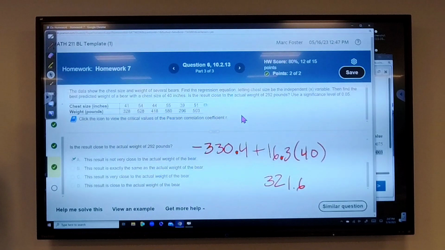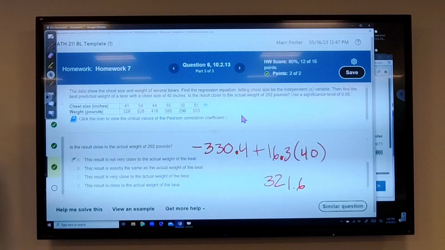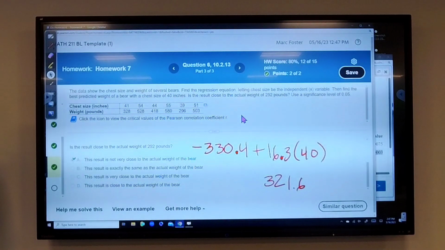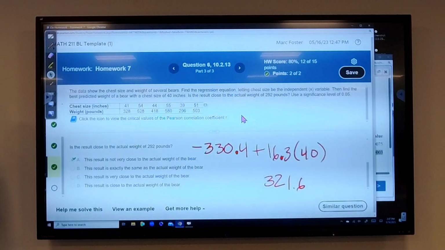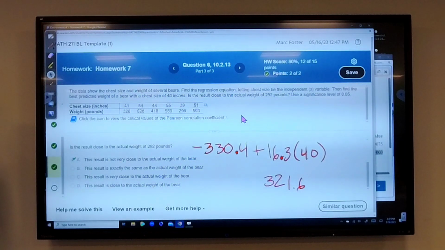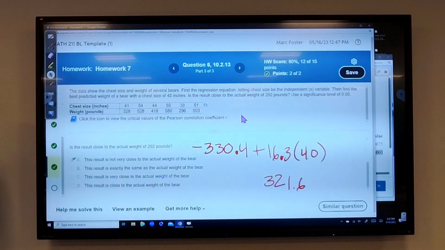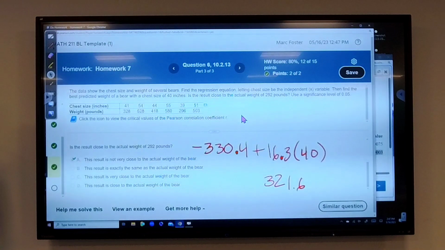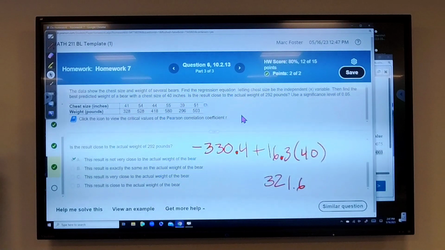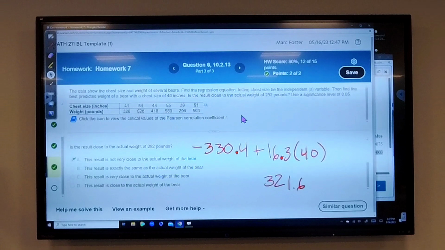You kind of look at what you have, you see how far away your number is from what they say it should be. They say what actually happened. For me, it's about 30 pounds. On the one hand, it seems kind of close, but not really. It's actually about 10% off. So I went with not very close.